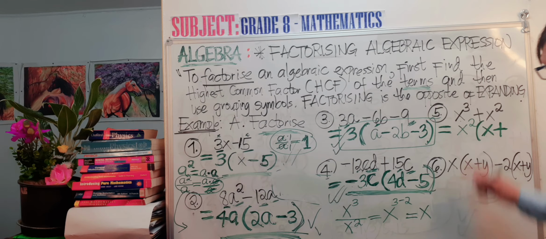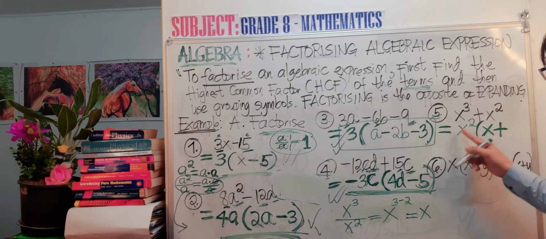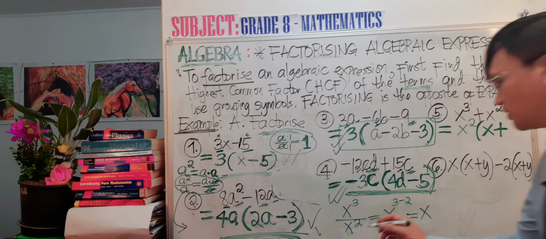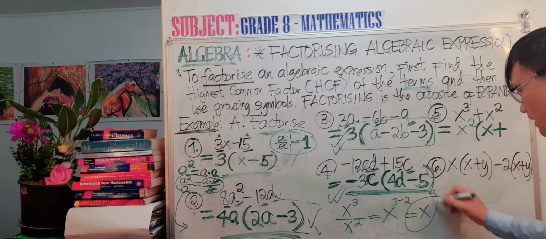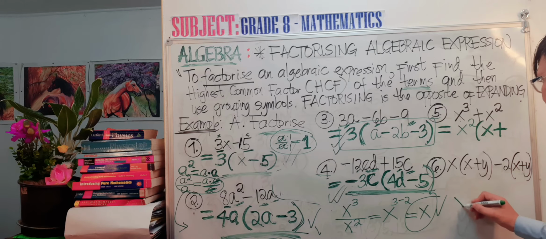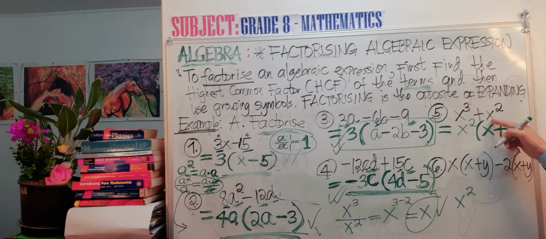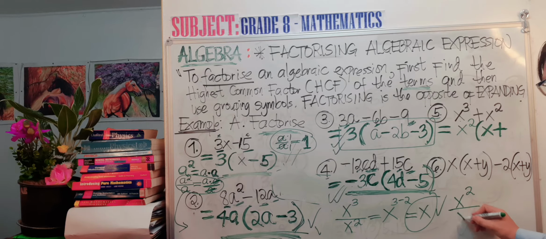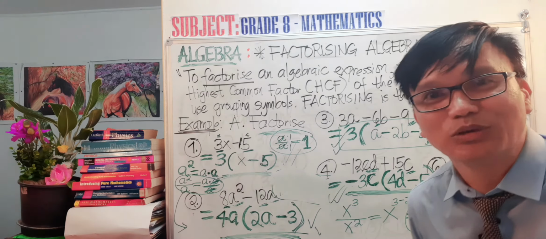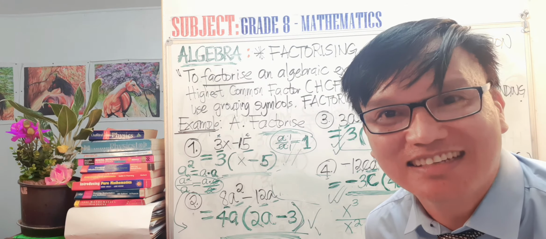And then x squared divided by x squared. So our second lot now here is x squared divided by x squared. So what is the rule of indices again?